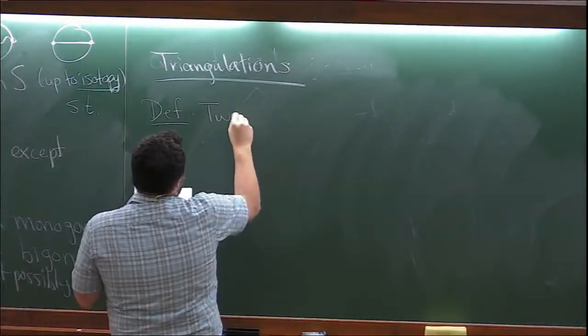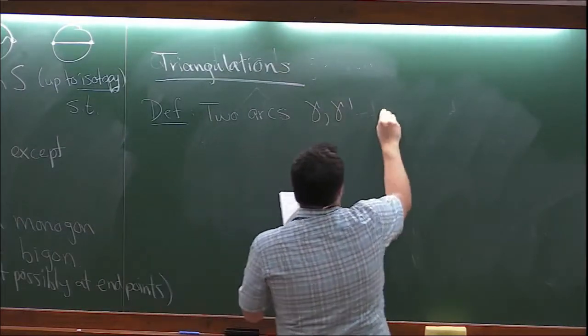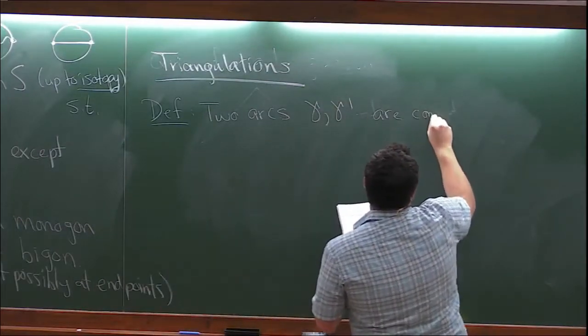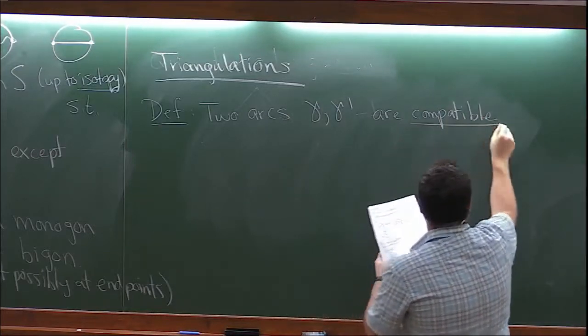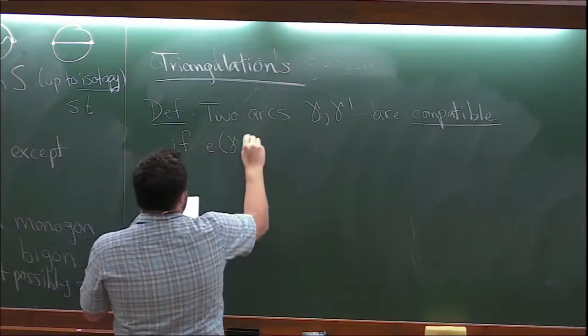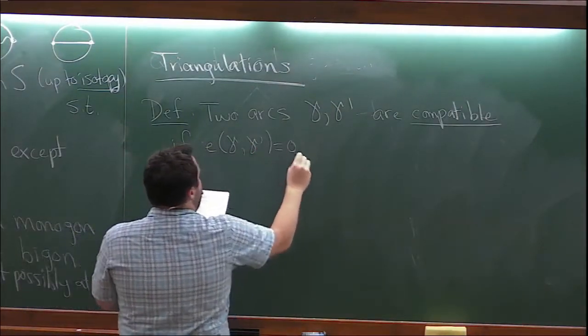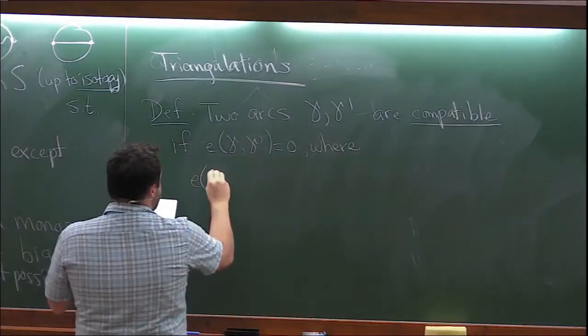Two arcs, gamma and gamma prime, are called compatible if this quantity that I'll define in a second is 0. So what is this?